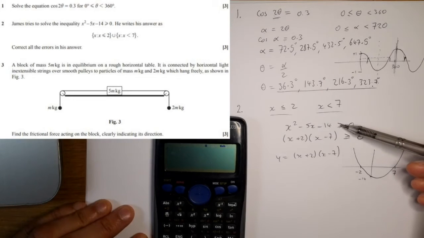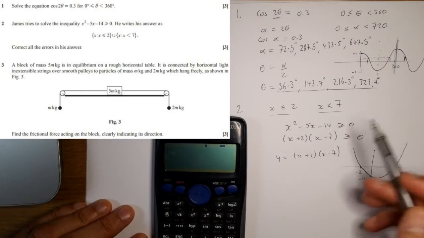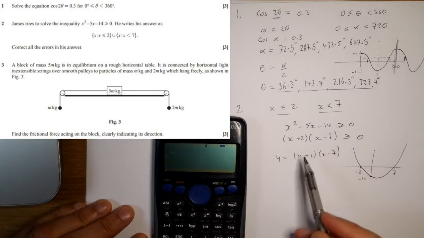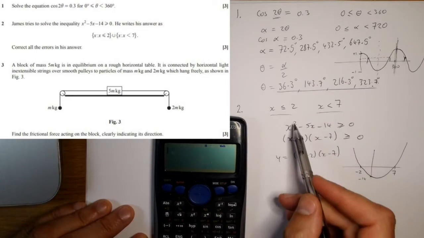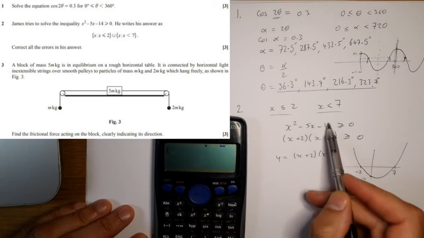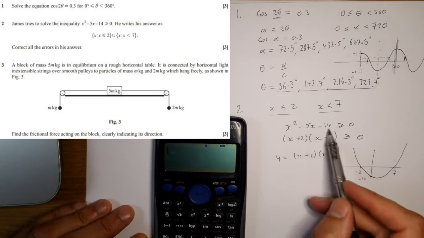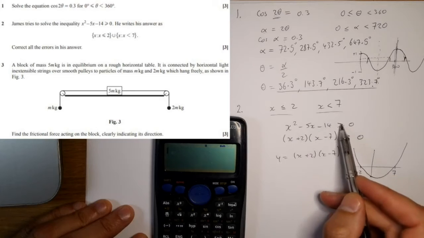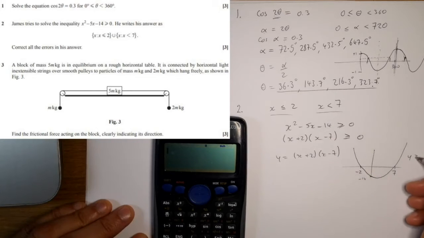And the original inequality is saying, where is this bigger than or equal to 0? Well, we've set all of this here, same as this, to be equal to y. So this is the same as y. I'm interested in when y is bigger than or equal to 0 on this graph. When is y bigger than or equal to 0? It is for that number there, 7.